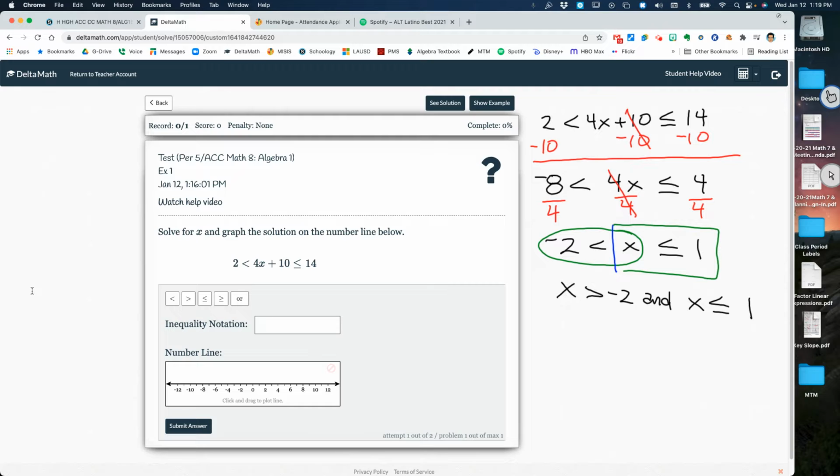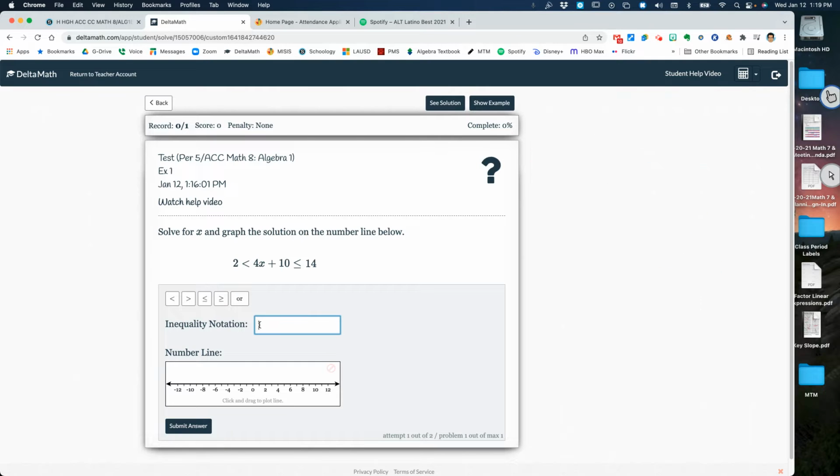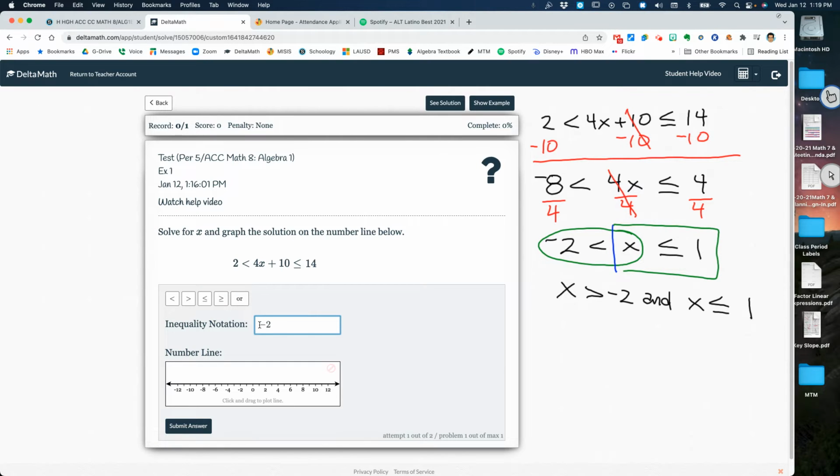Where we have to write the inequality notation, I'm going to write this: negative 2 is less than x, which is less than or equal to 1. Okay?